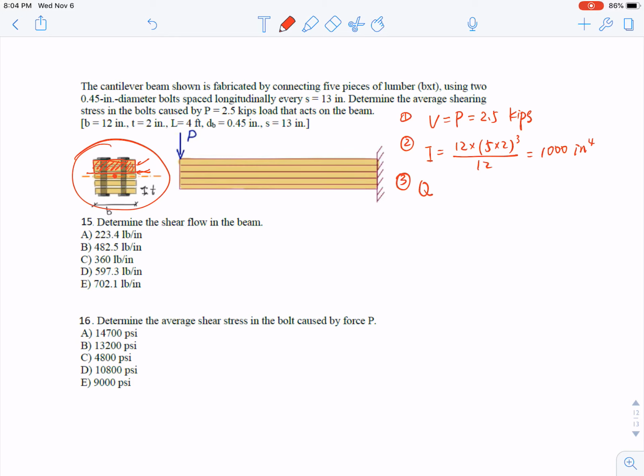This Q can be calculated by the area, that is 12 by 2 times T. Right, so this is the area, and the D will be 3 over 2 by 1 thickness.